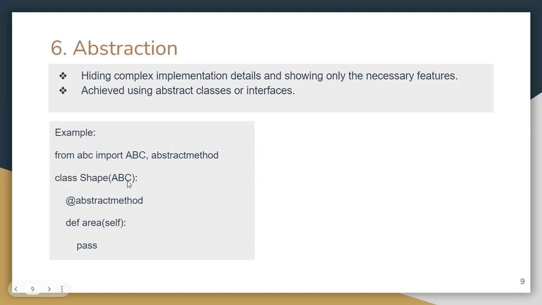Class Shape(ABC), that is, ABC is a base class. @abstractmethod, this is a kind of decorator. Next, def area(self): pass. Pass means I am not defining the function area here.